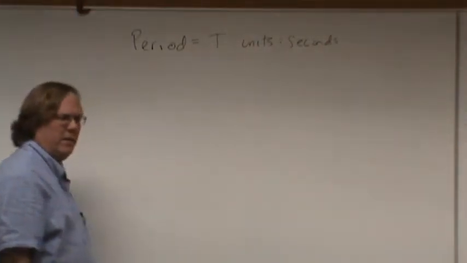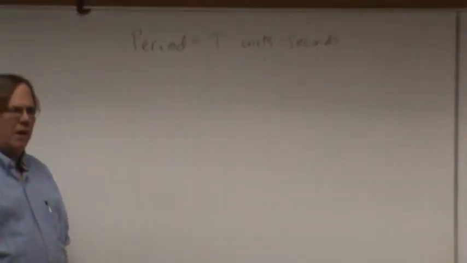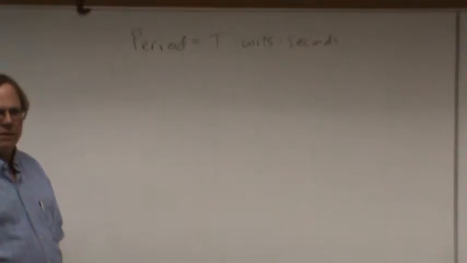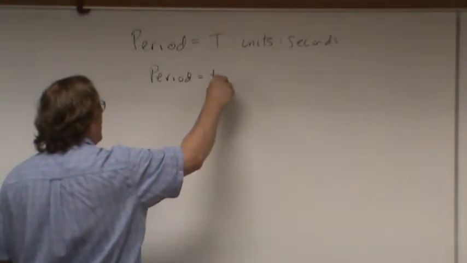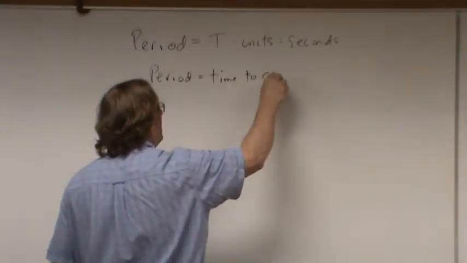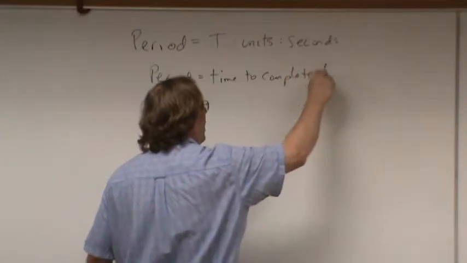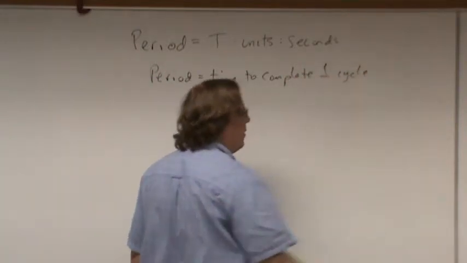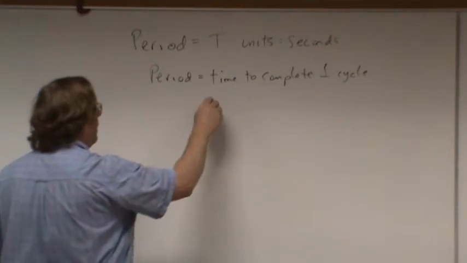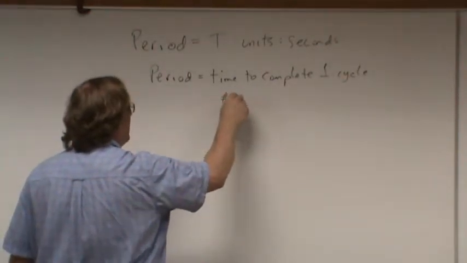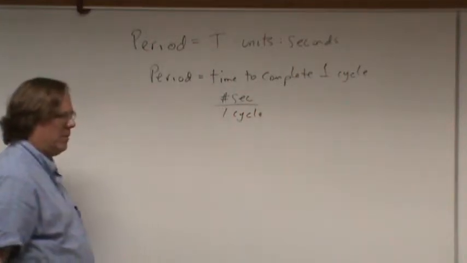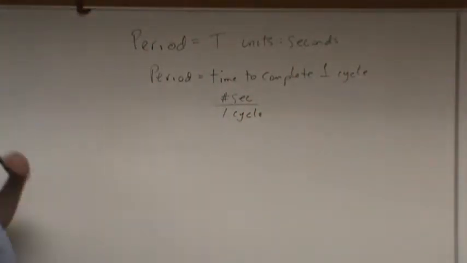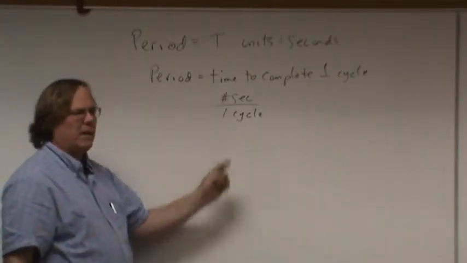The period is the amount of time for an oscillating object to complete one cycle. Period equals time to complete one cycle. Or you might want to think of it as the number of seconds per cycle.